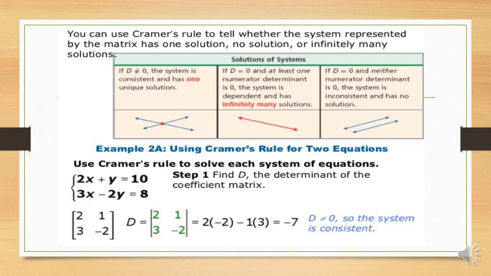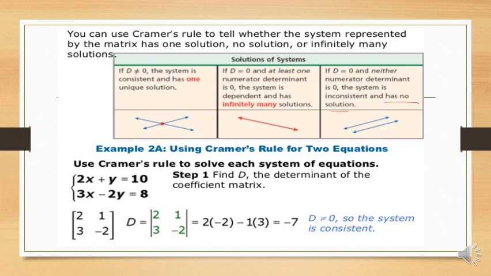If D is not equal to 0, the system is consistent and has one unique solution. If D is equal to 0 and at least one numerator determinant is 0, the system is dependent and has infinitely many solutions. If D is equal to 0 and neither numerator determinant is 0, the system is inconsistent and has no solution.